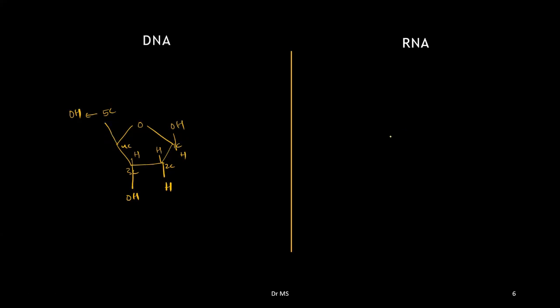And if you see the same structure in RNA, the first carbon contains OH, the second carbon contains OH, the third carbon contains OH, and the fifth carbon also contains OH. I'm not drawing the full structure with all hydrogens, but these are the very important things. Just notice the first carbon contains OH, second also contains the hydroxyl group, third contains the hydroxyl group, and the fifth carbon also contains the hydroxyl group.